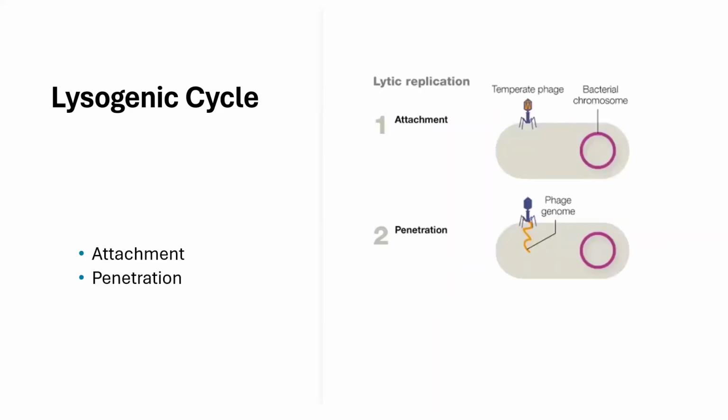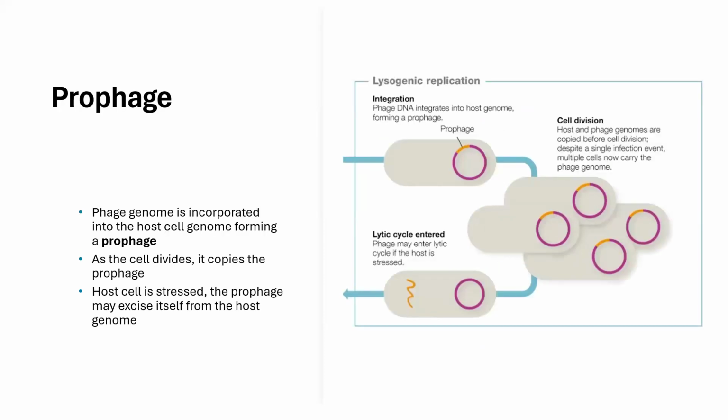And so here again, you have attachment and penetration, just like we do during lytic replication. But here, the genome goes and gets integrated into your host genome. And that's represented by the yellow in this image. As the host replicates and you get daughter cells, each of those daughter cells is going to carry the viral genome with it.